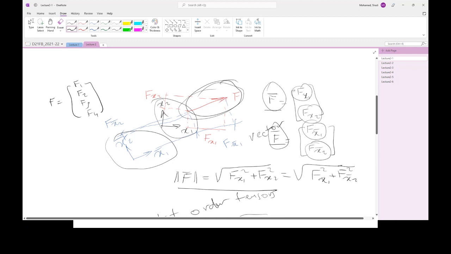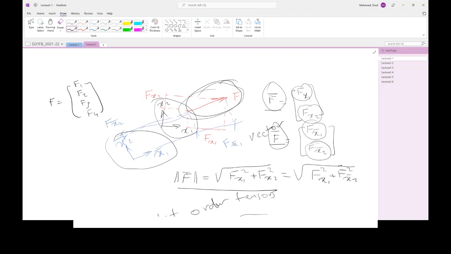Now, this is a vector in 4 dimensions, which does not have any physical application. But in math, this is something that exists. Also in math, there exist tensors of the first, second, third, fourth, fifth, 7th, 10th, 20th order.